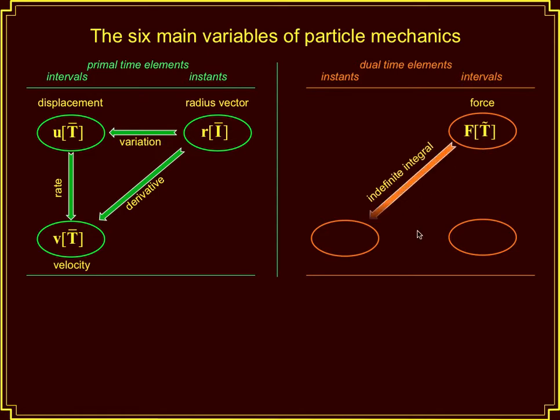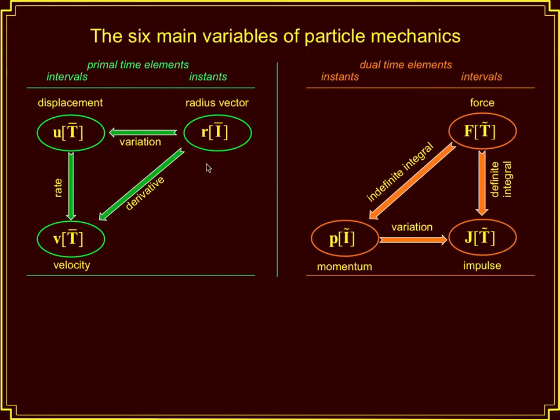Force is associated with dual time intervals. Momentum is associated with dual time instants. The variation of momentum gives impulse, and the impulse is a definite integral of the force.